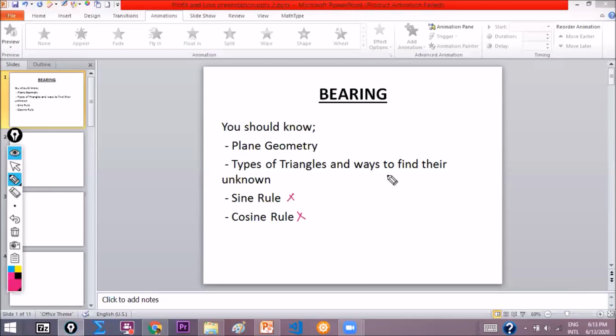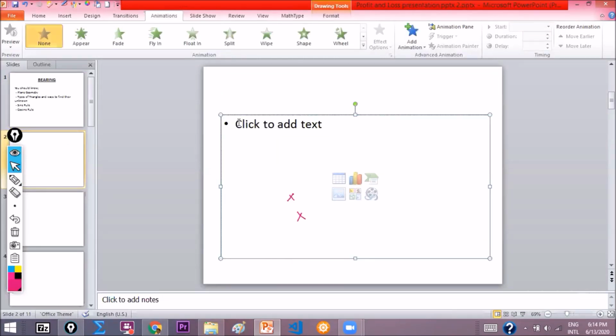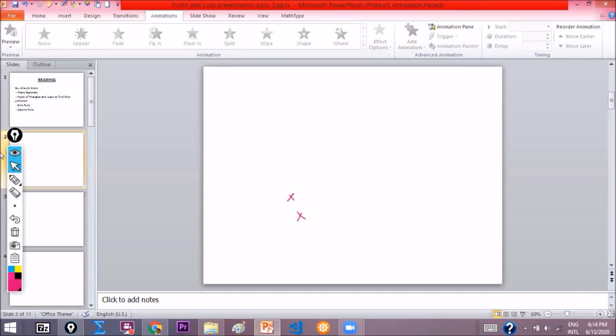But before we go further, before we start solving problems under bearing, you should know the types of bearings that we have. Do you know the types of bearing we have? No. You don't know? Okay. Anyway, the types of bearing we have, you have compass bearing and you have the 3-digit bearing.